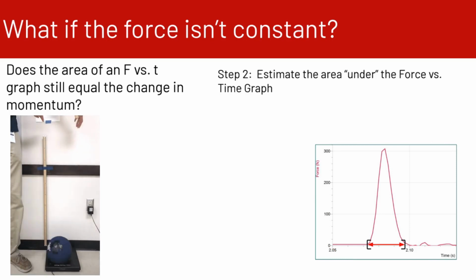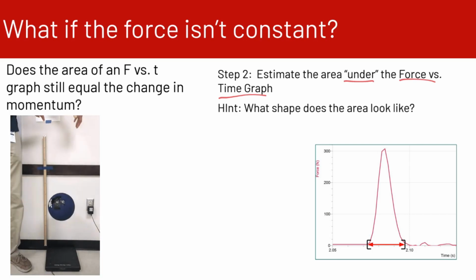Okay, so now we're going to estimate the area under the force versus time graph here. And we're going to do that by using the area formula. We want to know what area formula to use here, and we're going to do that by figuring out what the shape of the area under here looks like.